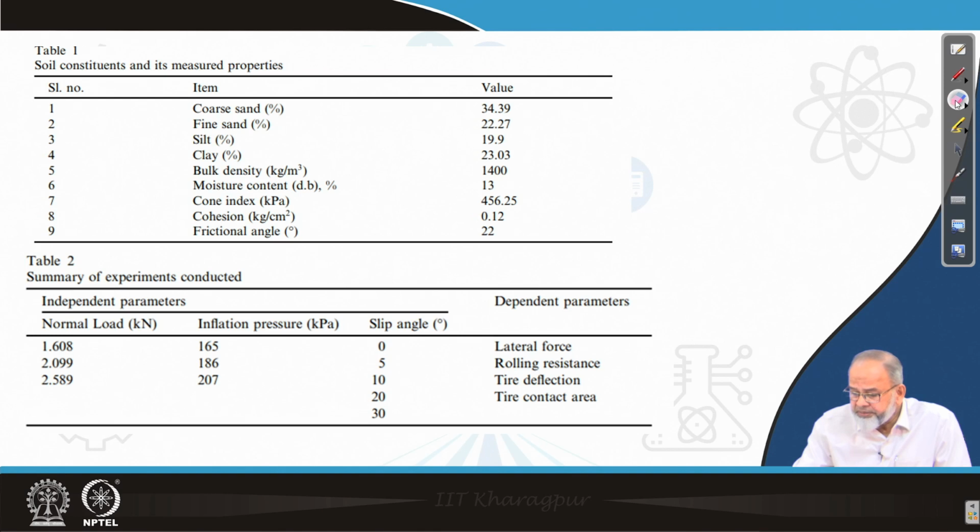This study was conducted in a sandy clay loam soil, whose properties are listed here: the coarse sand percentage, fine sand percentage, silt, clay, then the bulk density, moisture content, cone index value, cohesion, and frictional angle. The C and phi values are given.